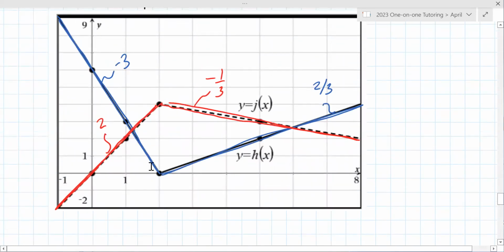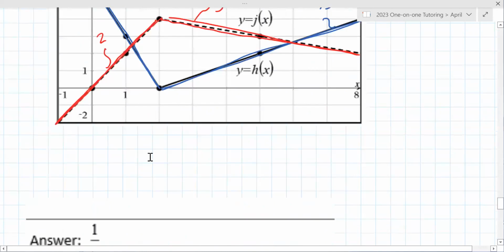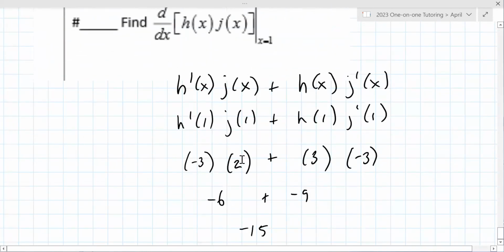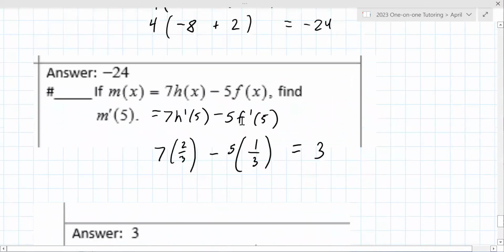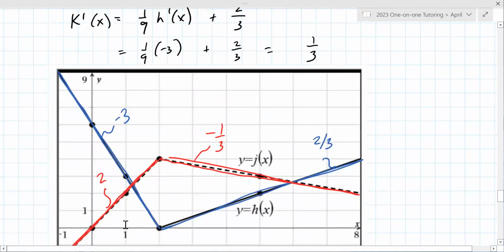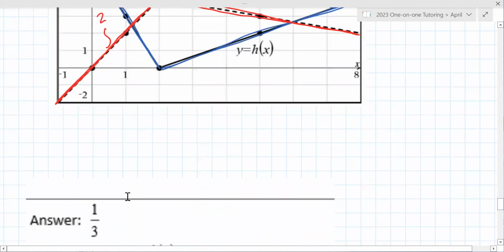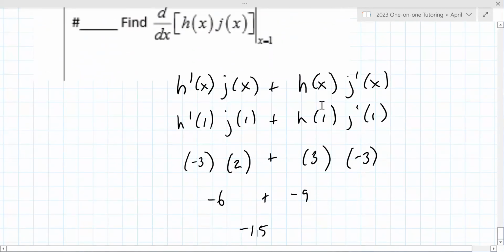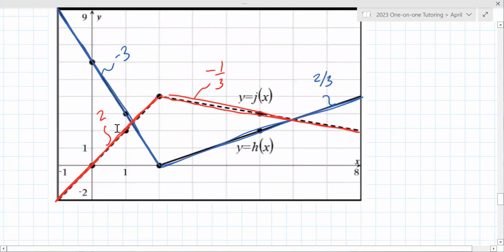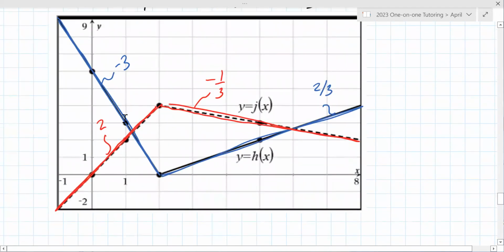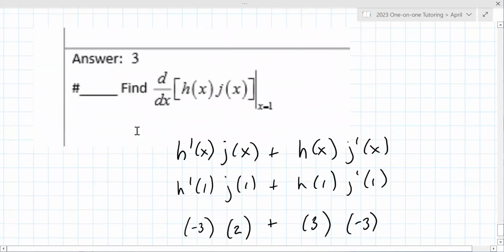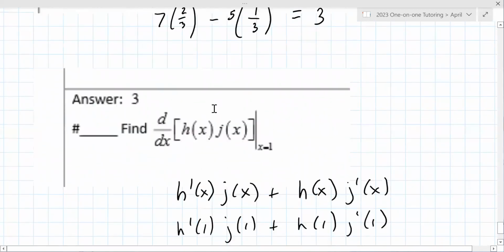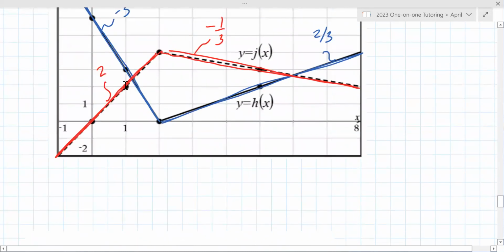That's -3. J of 1 is to evaluate at 1. So here's 1. J of 1 is 2. That looks okay. H of 1 is 3. J prime of 1, the derivative of the other one at 1, is 2.